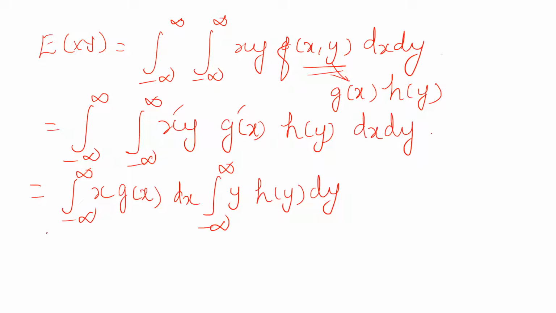I can write them separately. This is nothing but E of X, and similarly here, E of Y. We started with E of XY. This is equal to E of X into E of Y. That is what we wanted to prove.